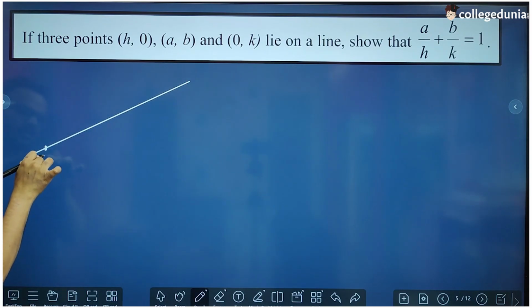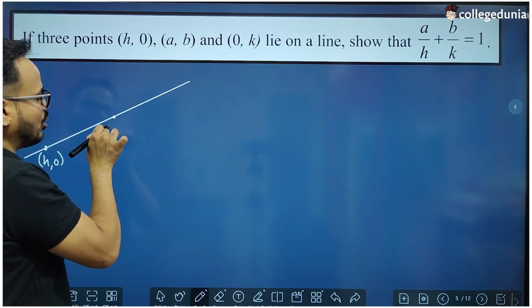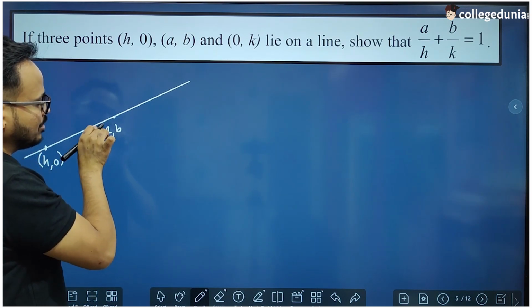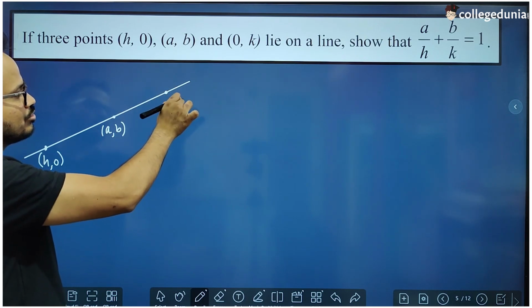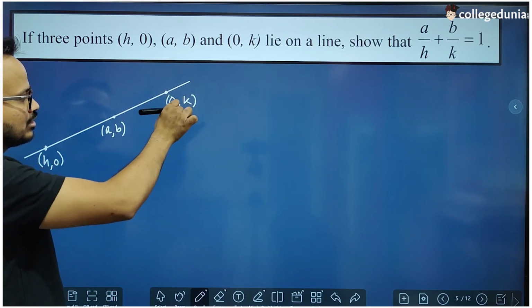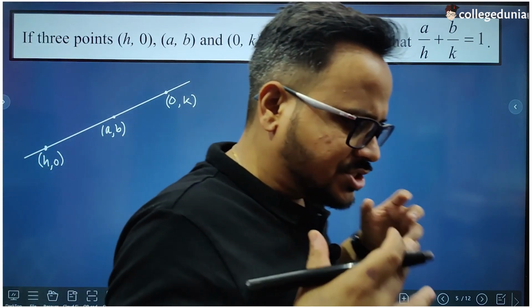Let us say on this line, right? So one point is h, 0. Second point is a, b. Third point is 0, k. So these 3 points lie on a straight line.